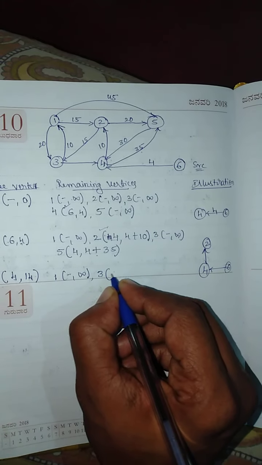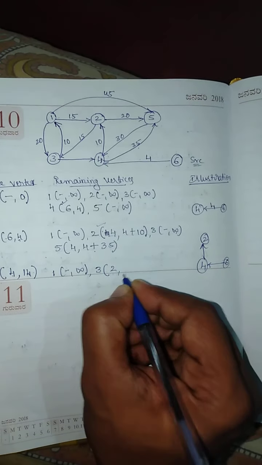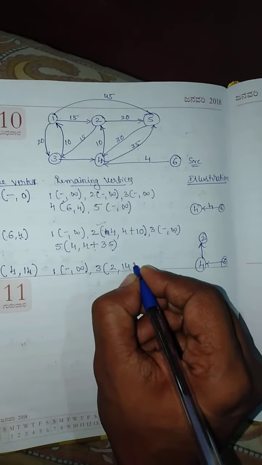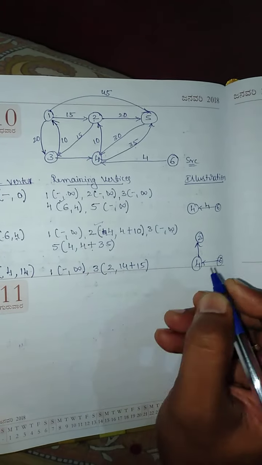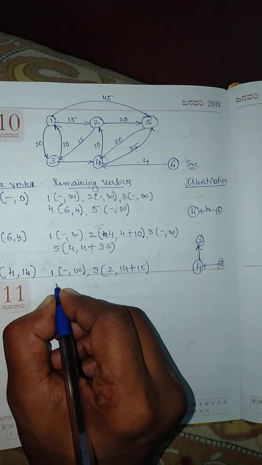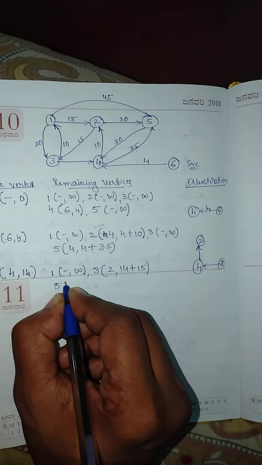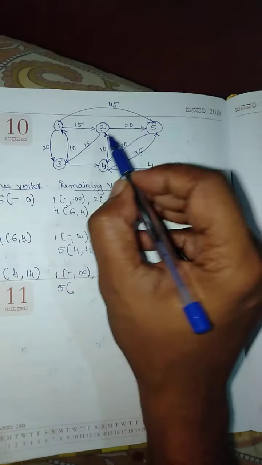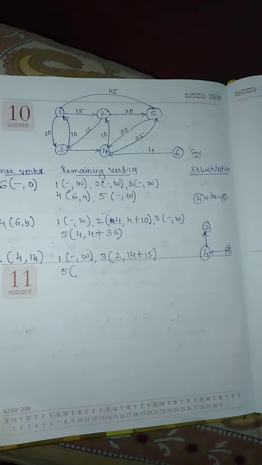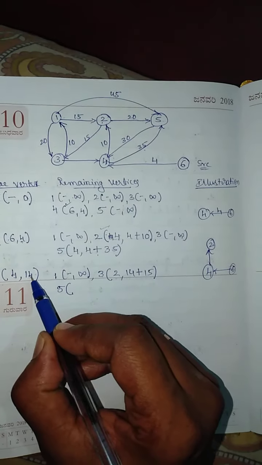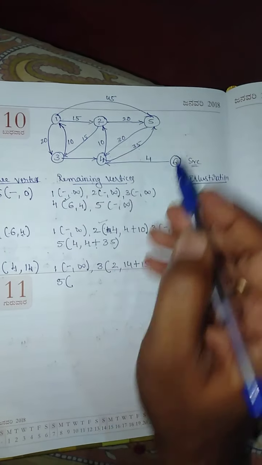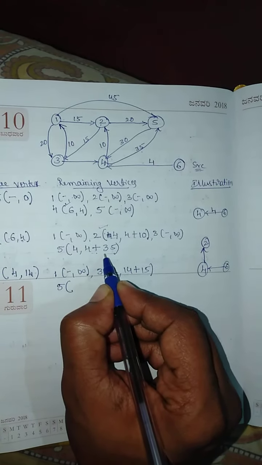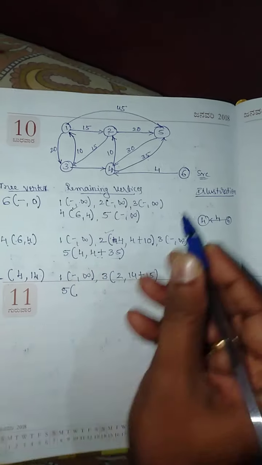So 3 is reachable via 2 from the source node with a cost of 14 plus the new weight, that is 15. Similarly, is node 5 reachable from 2? Yes. What is the cost? 14 plus 20, that is 34. What is the existing cost? 39. Which is the lesser value? 34.